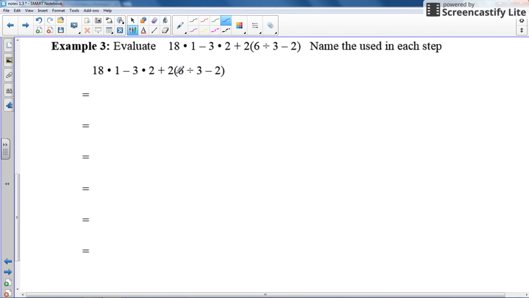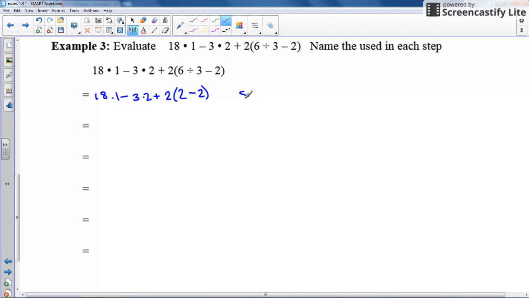So our order of operations would say that we're going to go to our grouping symbols and we're going to do the division in there, 6 divided by 3. That's going to give us 2. So that's the first thing we're doing. 6 divided by 3 is 2. Everything else just gets copied because we haven't changed anything else yet. And then let's justify that.